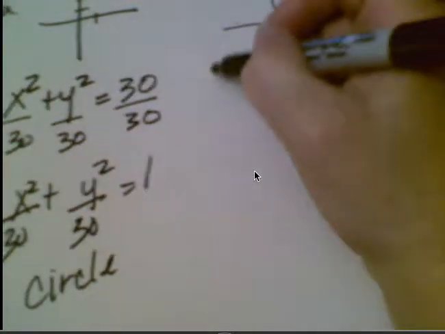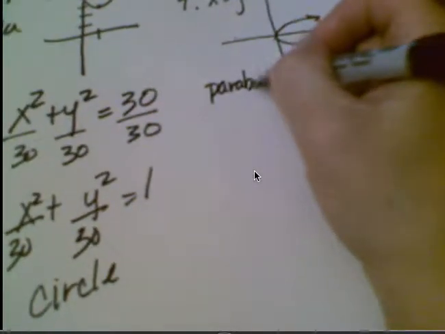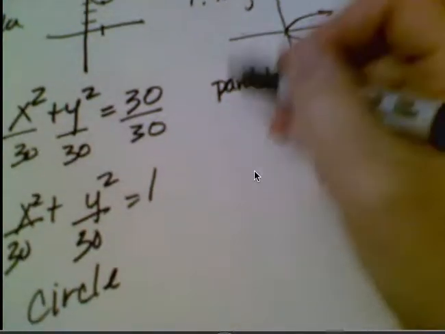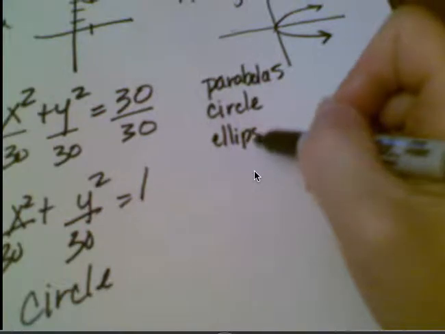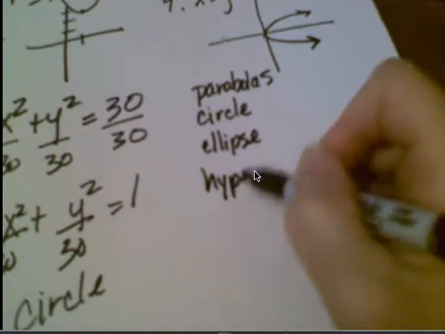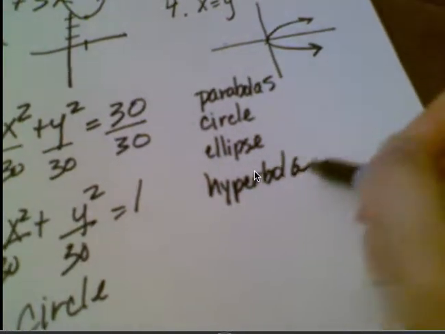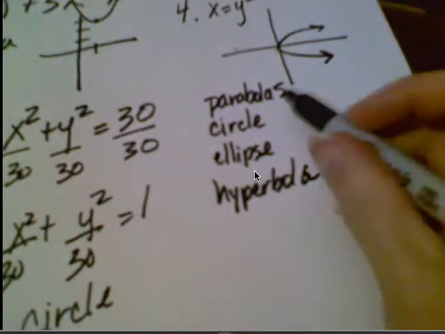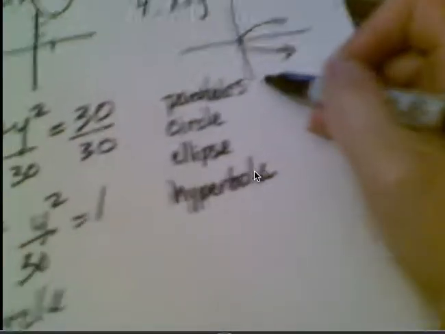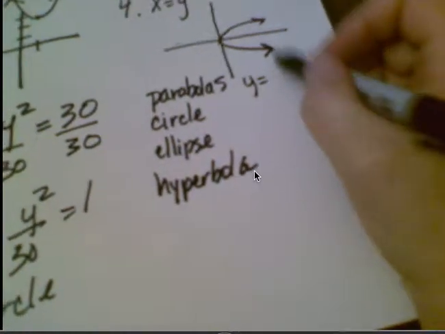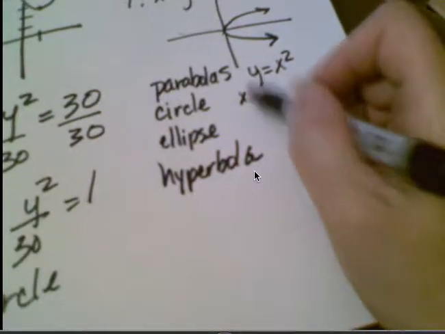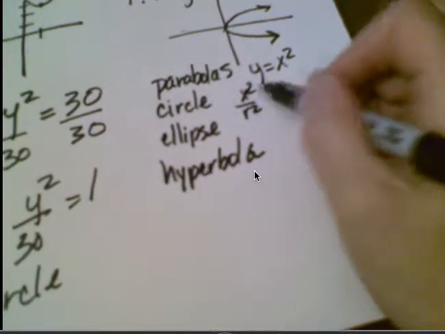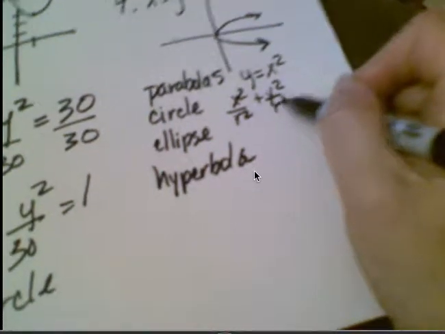So your answers for 1 through 8 are going to be parabolas, which I already told you the answers to. They're going to be circles, an ellipse, or hyperbola. So you need to be able to tell the difference. Okay, parabola, one more time, is only going to have one variable squared. A circle is going to be plus with the same denominators.